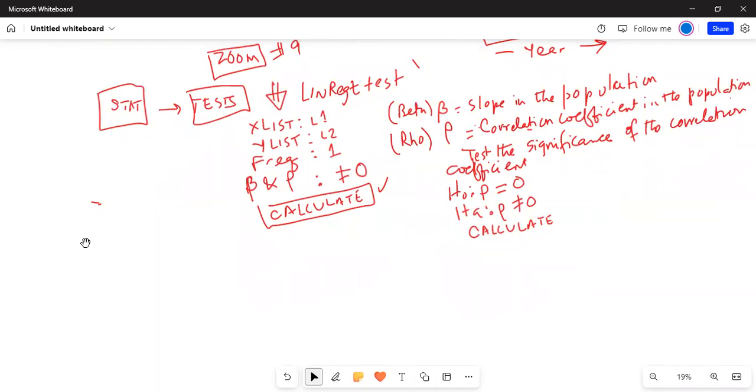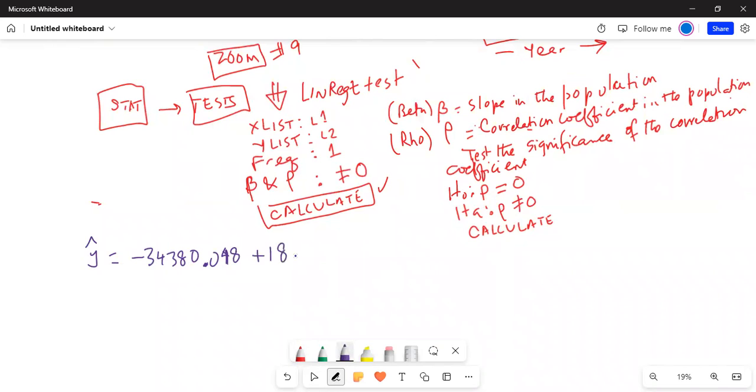So first you'll get the regression equation. I'll change the color of the ink. So your regression equation is, let me write it out over here, y hat is equal to minus 34380.048. That's your intercept, okay?